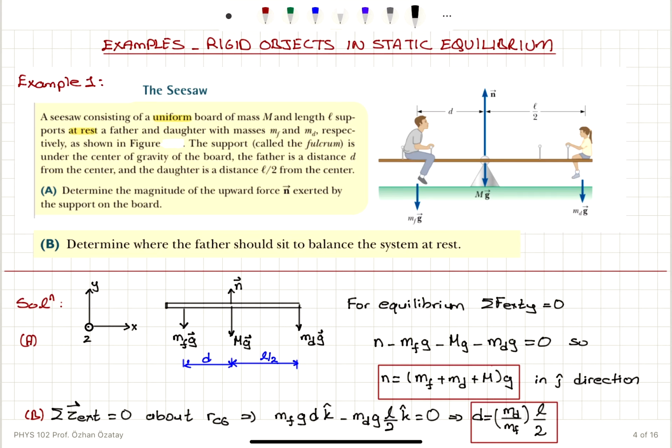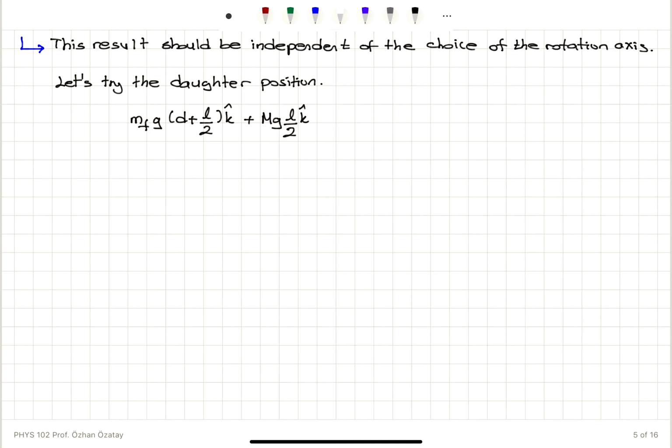Now, how about the normal force? The normal force has also a distance L over 2, but it's pointing up. So going from the pivot point to the application point of the force pointing up, I see that the torque is in minus k hat direction. So minus n L over 2 k hat, this is equal to 0.